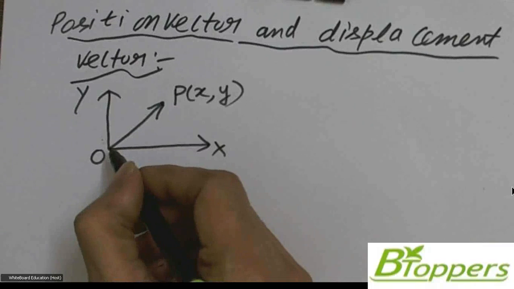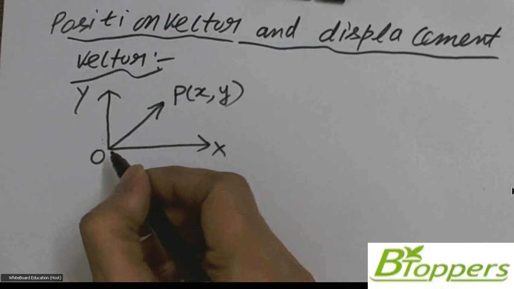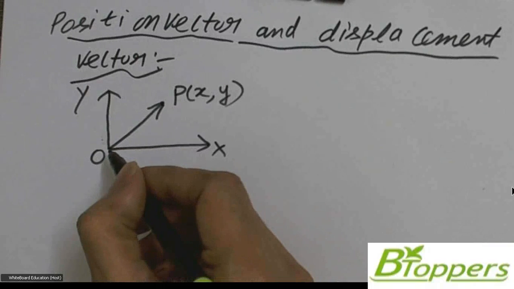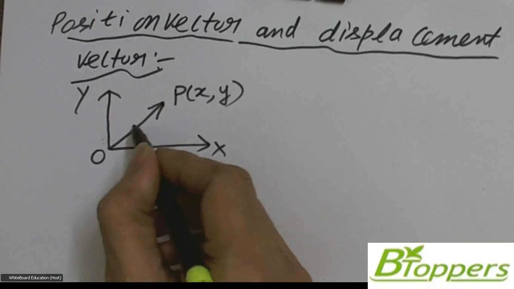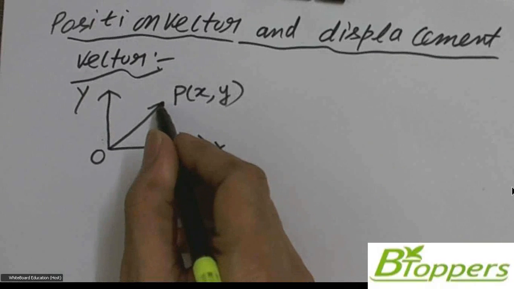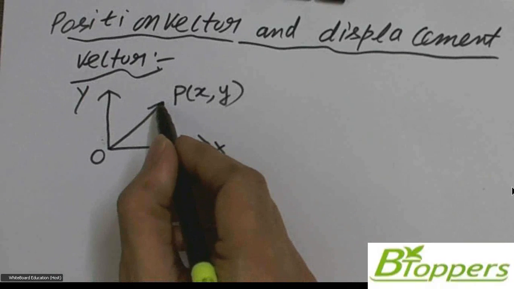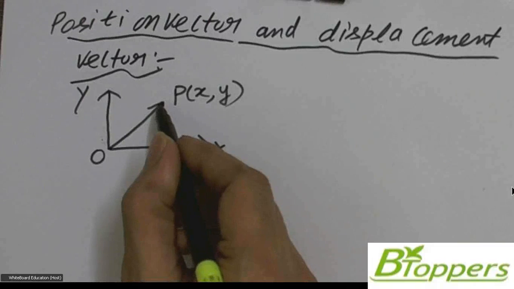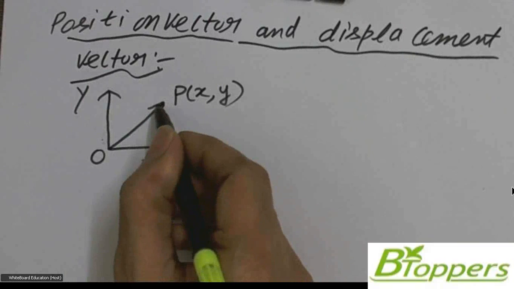The direction of the position vector of the particle is taken from the origin towards the particle. The magnitude of the position vector gives you the distance of the particle from the origin.